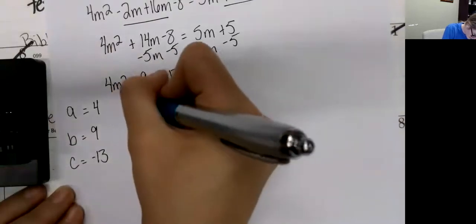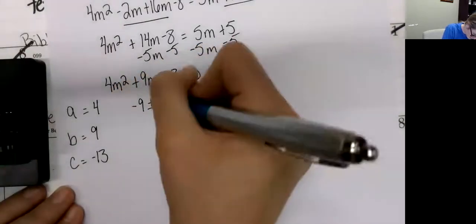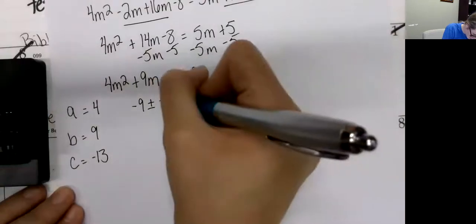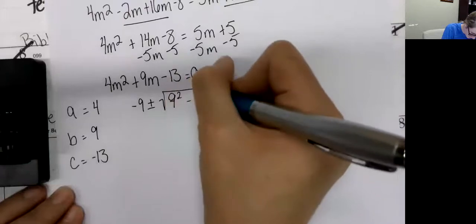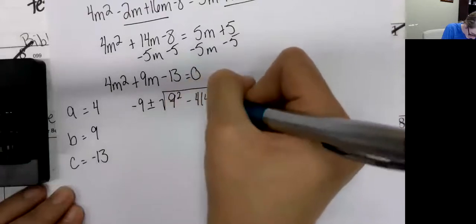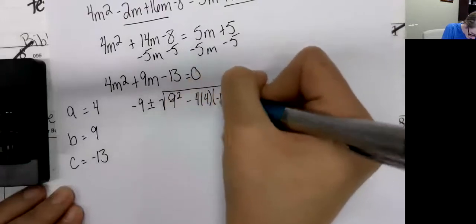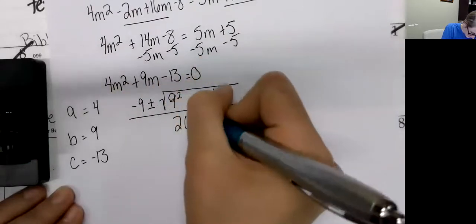So negative B plus or minus the square root of B squared subtract 4 times A times C all over 2A.